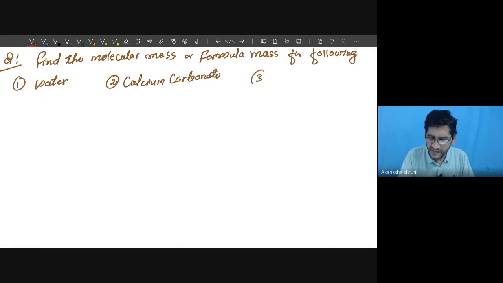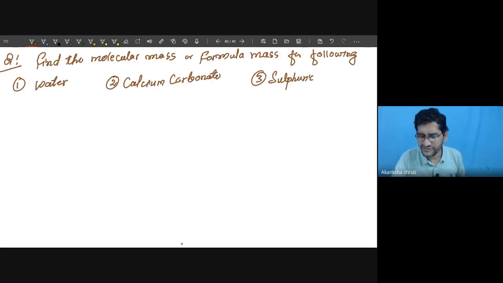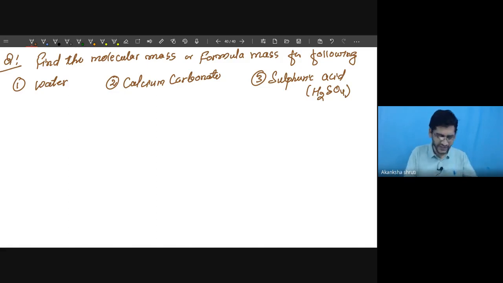The third one is sulfuric acid. If you do not know the formula, it is H2SO4, hydrogen sulfate. The fourth one is sodium nitrate.